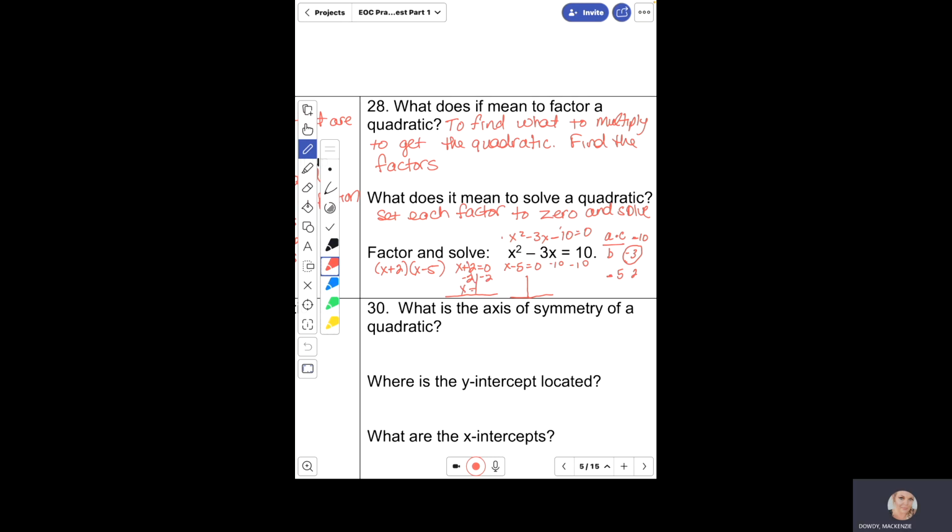You get x is negative 2. Here we're going to add 5 to both sides. You get x is equal to positive 5. So your solutions are x equals negative 2 and 5.